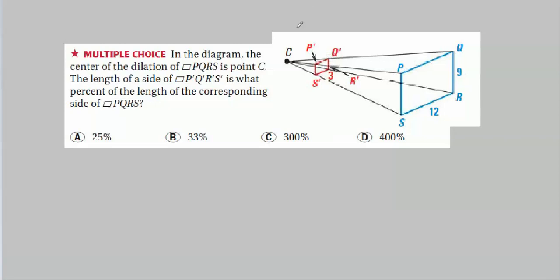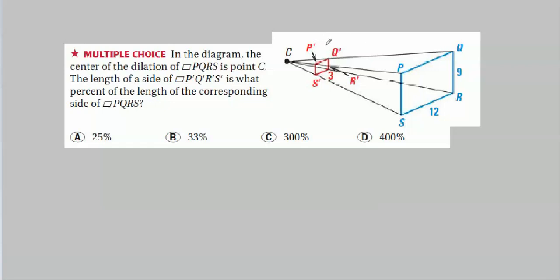However, if you look at it the way I did, you'd make a mistake. It's natural to assume that this bigger one, for some reason, is the image and that this was expanded. But take a look at how it's written. Here's P, Q, R, and S, and here's P prime, Q prime, R prime, and S prime. Well, the prime is our shorthand for image.